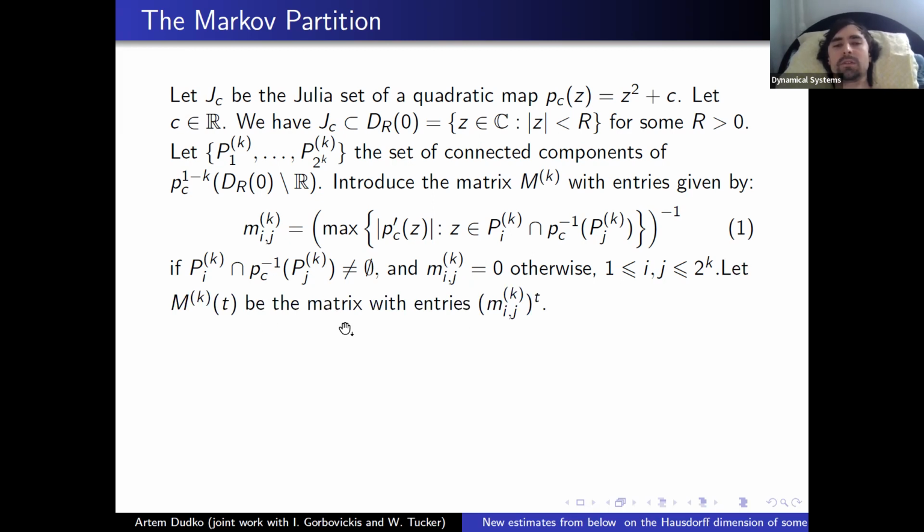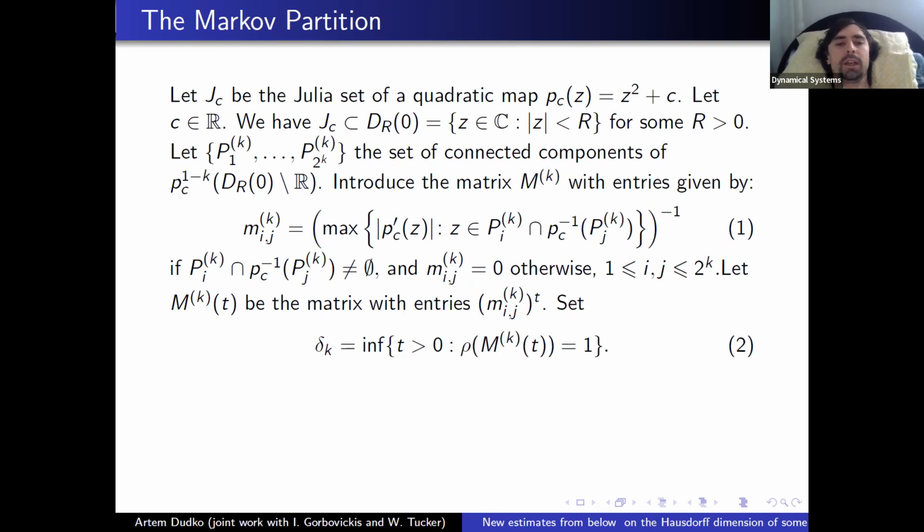Okay, and also we denote by M_k(t) the matrix with these elements raised to the power t. We set delta_k to be the infimum of the positive values of t for which the spectral radius of the matrix equals 1, or we set delta_k equal to infinity if such t does not exist, or rather, if the spectral radius of this matrix is always greater than 1.